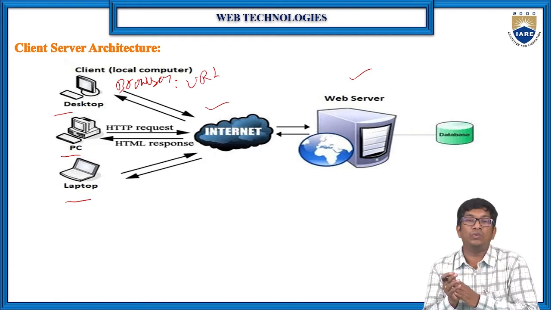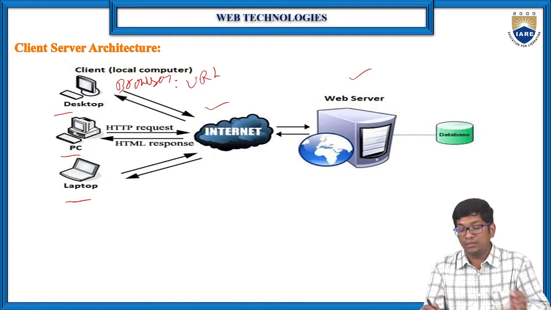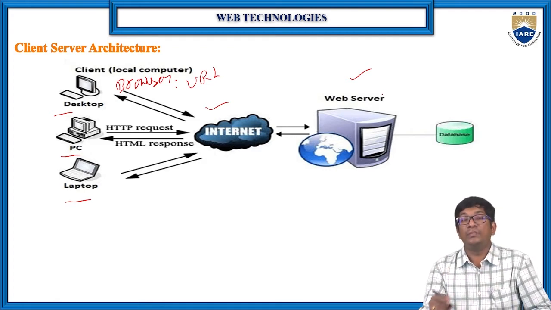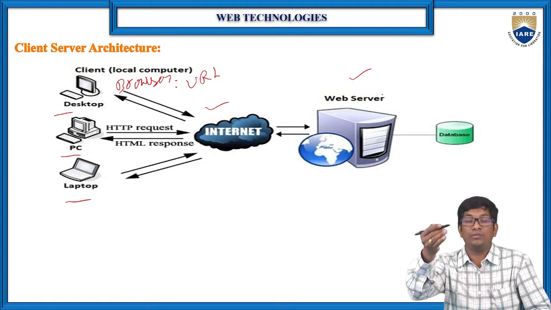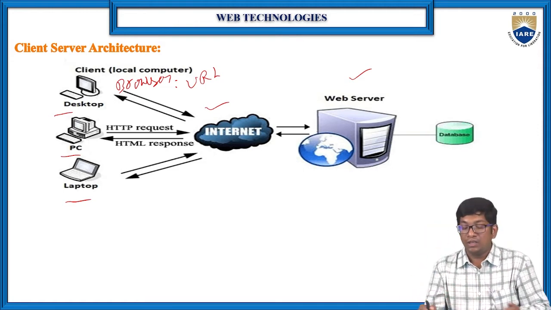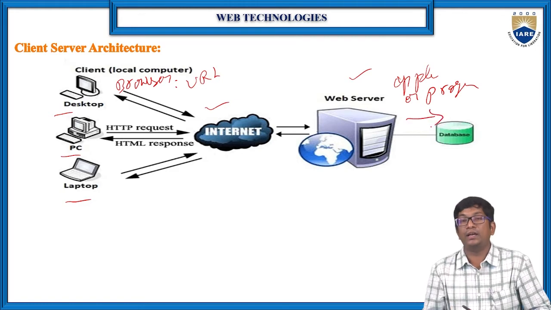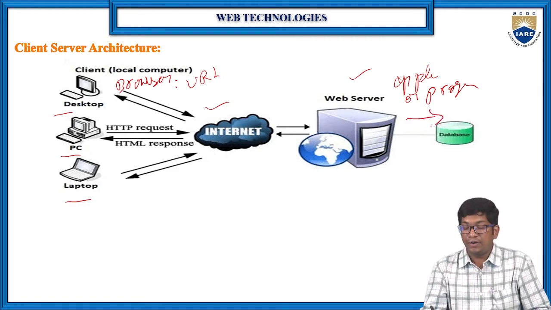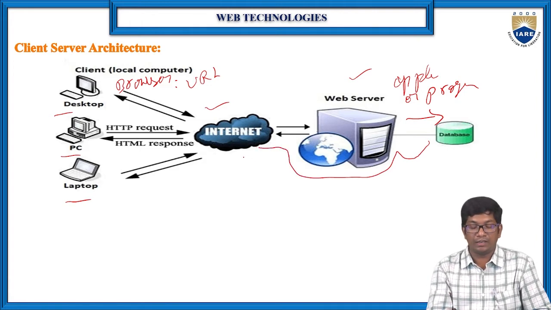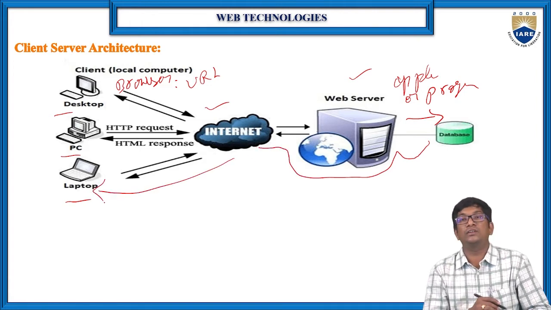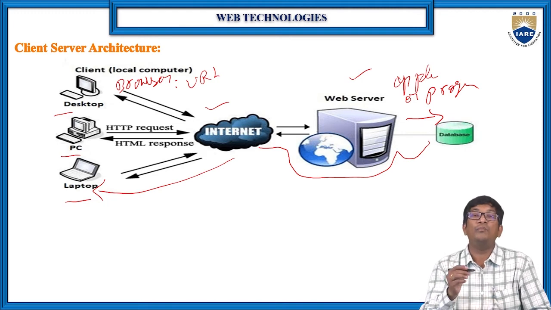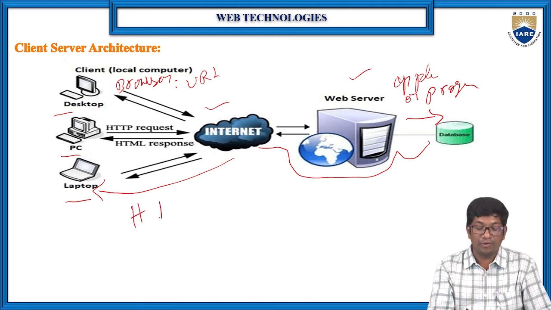After identifying that URL, it is connected to the web server. Based on your requirement, if you want to retrieve some data from a database, it runs some application or program and connects to the database. It retrieves the database data, which is sent back through the internet to the client in the form of HTML.